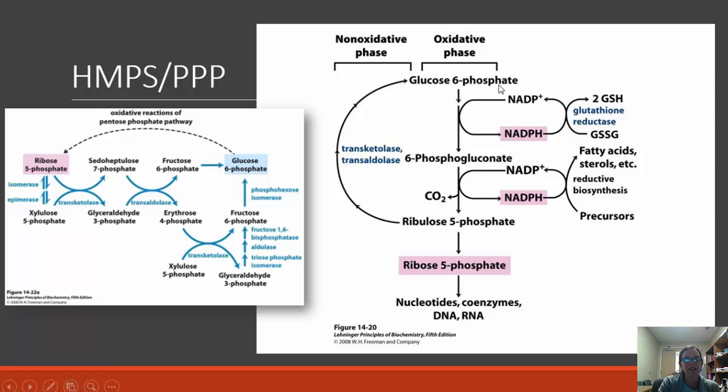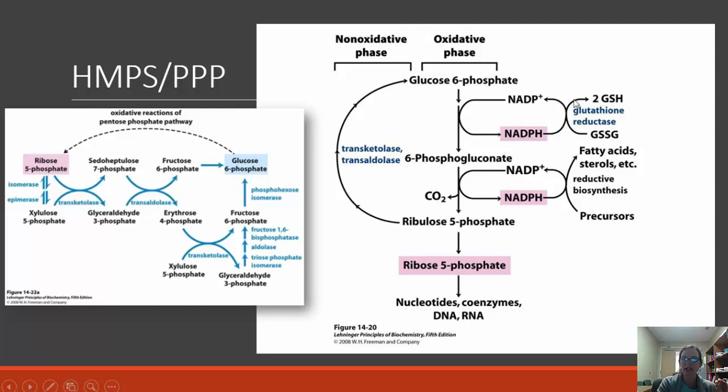So in the oxidative phase, our G6P, hopefully that looks familiar, is our main substrate, and it's going to generate a mole of NADPH, which is catalyzed by the G6P dehydrogenase and the 6-phosphogluconate dehydrogenase. So all you need to know is they're dehydrogenase enzymes, and those are going to help produce NADPH.